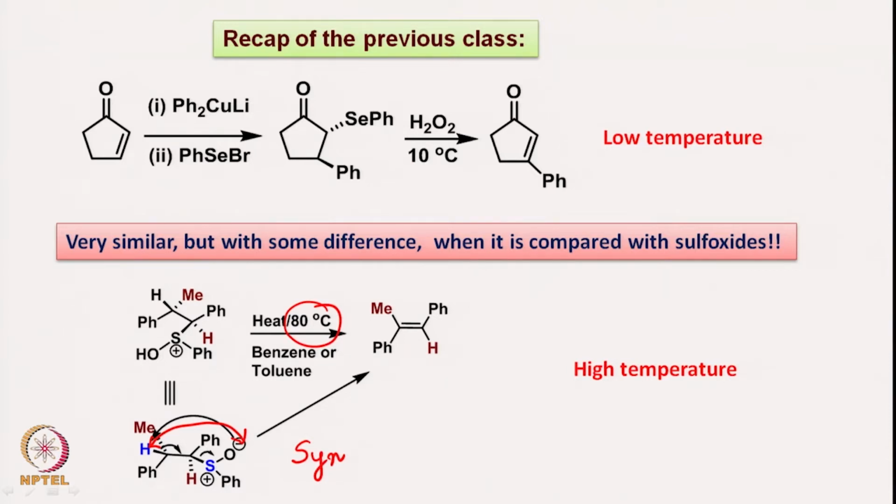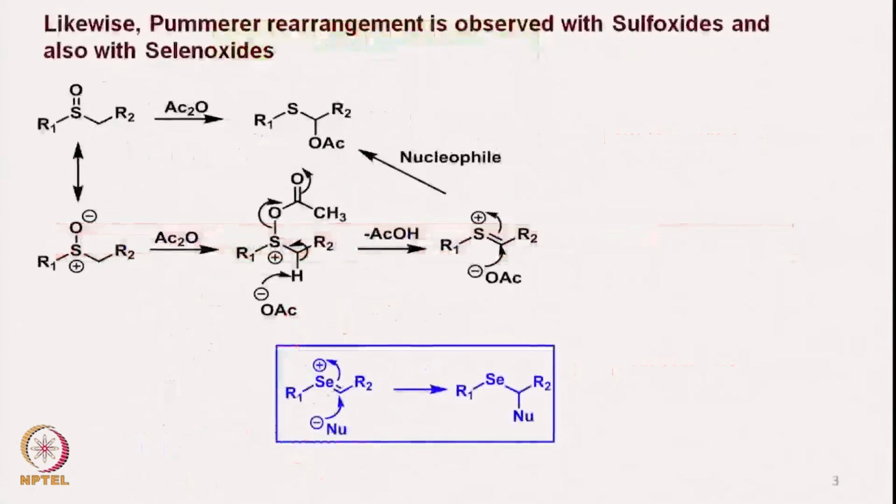sulfoxide eliminations. At the same time, we would also look at the Pummerer rearrangement and combine the two in the next slide. The Pummerer rearrangement which is observed with sulfoxides is also observed with selenoxide.